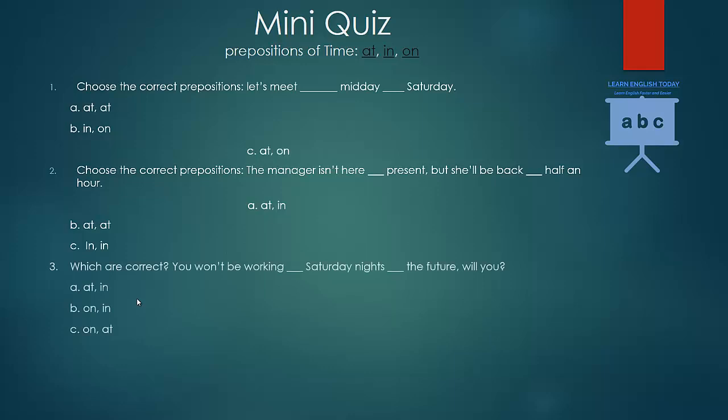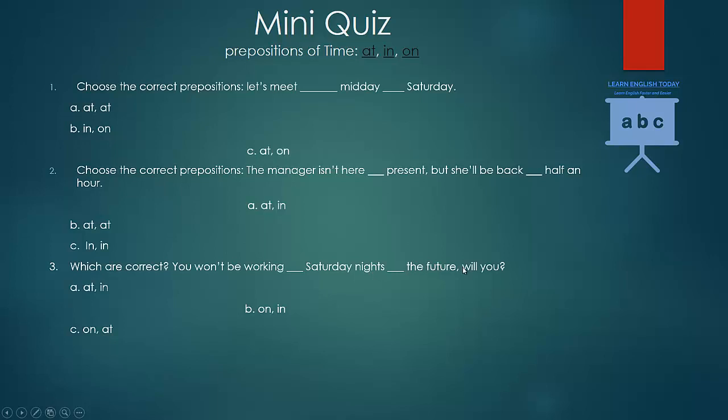And the next question, which are correct? You won't be working Saturday nights, the future, will you? A, at, in; B, on, in; C, on, at. Nice, B. So we can say: you won't be working on Saturday nights in the future, will you?